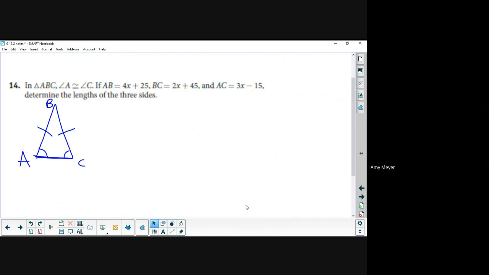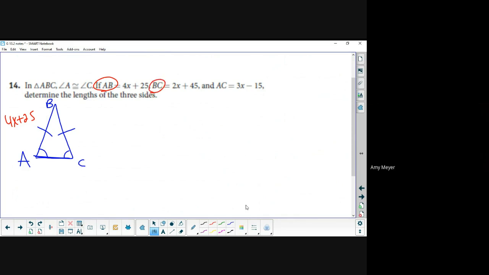Questions on my picture so far? No. It says AB. Is AB a side or an angle? It's a side. 2 letters is always a side. So the length of side AB is 4x plus 25. Then it tells you the length of BC.